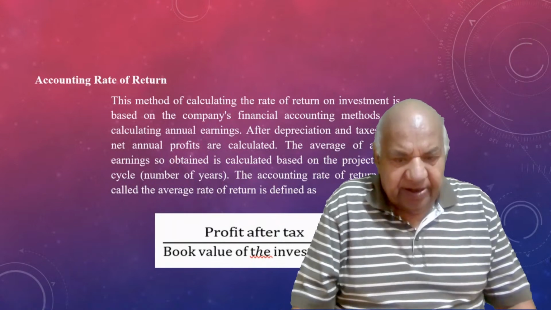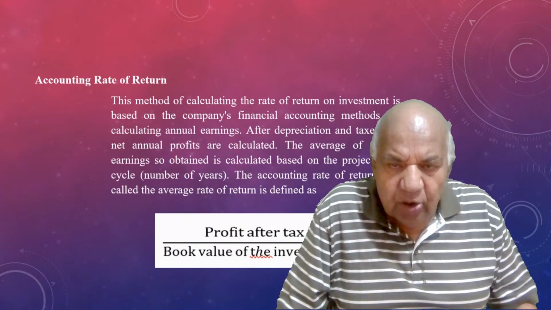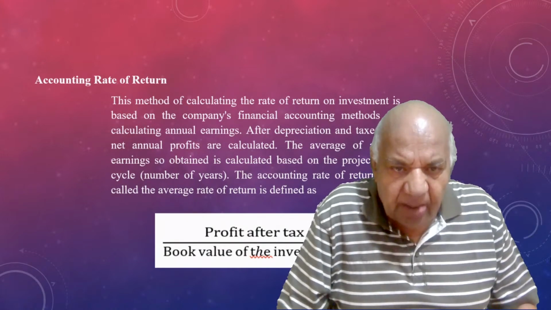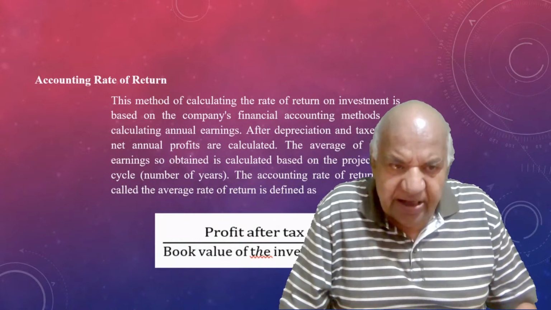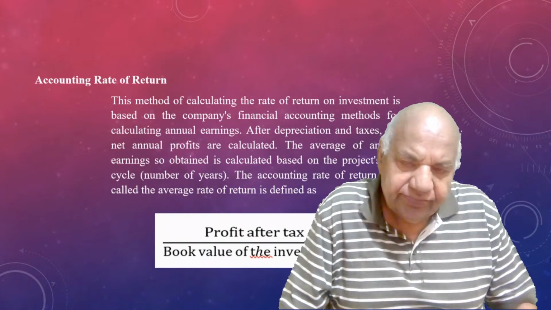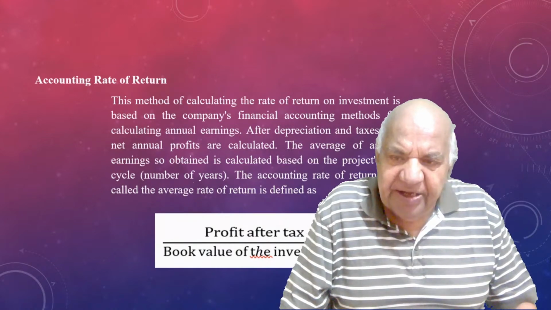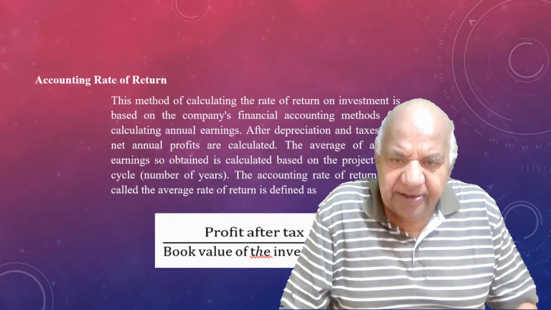Accounting rate of return. This method of calculating the rate of return on investment is based on companies' financial accounting methods for calculating annual earnings. After depreciation and taxes, the net annual profits are calculated.